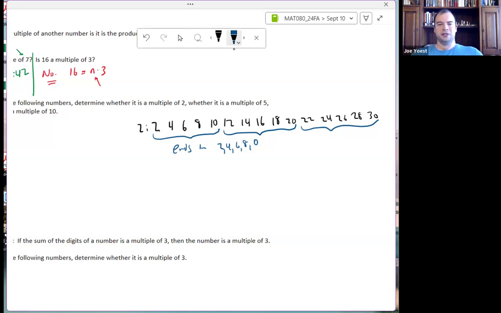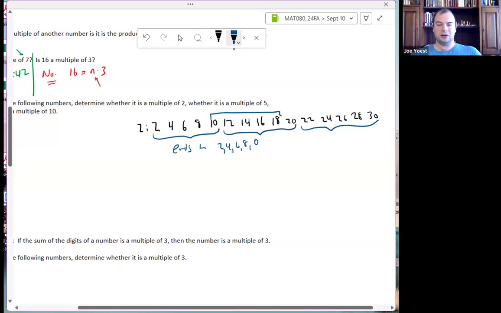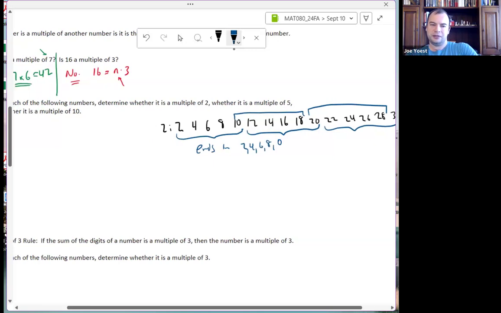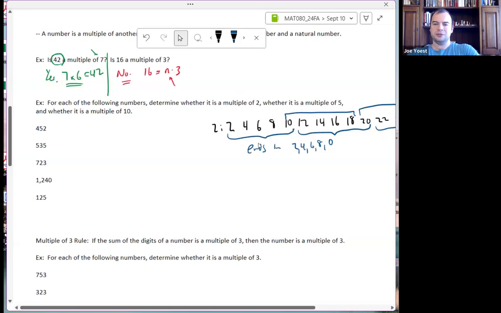If I try to find a number that ends in 2, 4, 6, 8, or 0 that's not a multiple of 2, it seems like it's going to be hard to find because, if it's greater than or equal to 10 and less than 20, this is all of the numbers between 10 and 20 that end in 0, 2, 4, 6, or 8. It's between 20 and 30. Here are all of those. So it seems like a number is a multiple of 2 if and only if it ends in 2, 4, 6, 8, or 0.